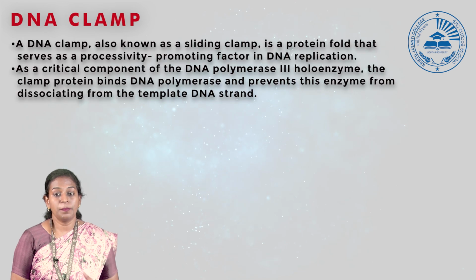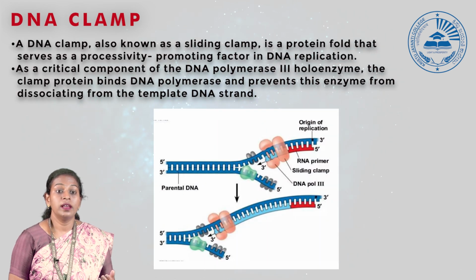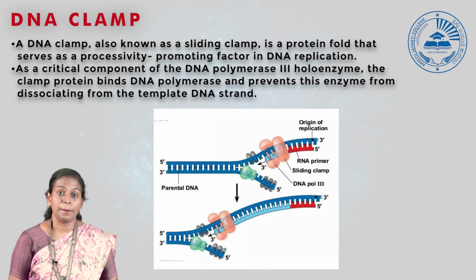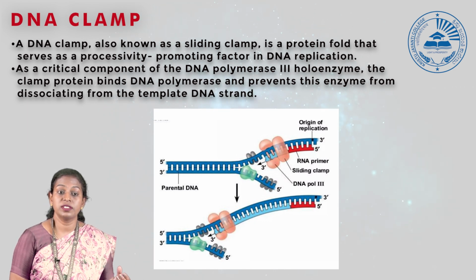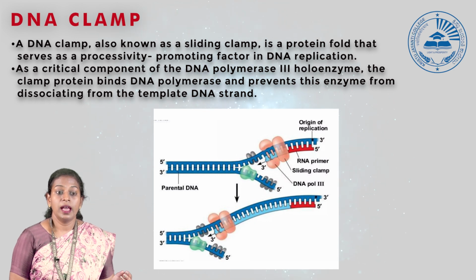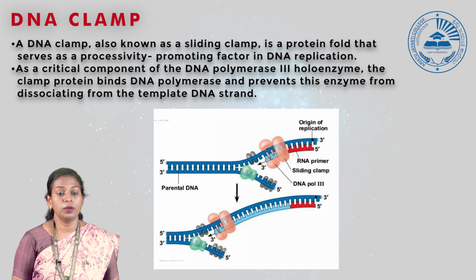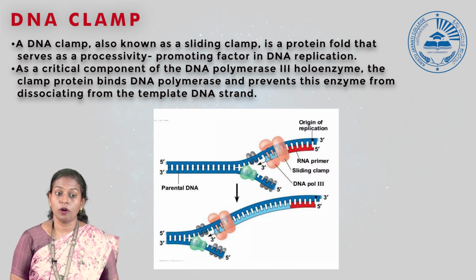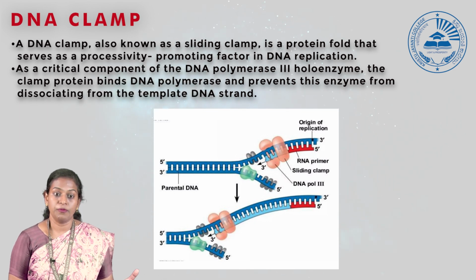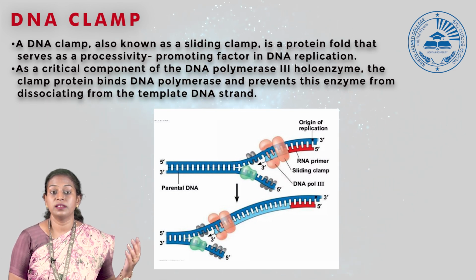The DNA clamp is the next enzyme, also known as a sliding clamp. It is a protein fold that serves as a processivity promoting factor in DNA replication. As a critical component of the DNA polymerase 3 holoenzyme, the clamp protein binds the DNA polymerase and prevents this enzyme from dissociating from the template DNA strand.